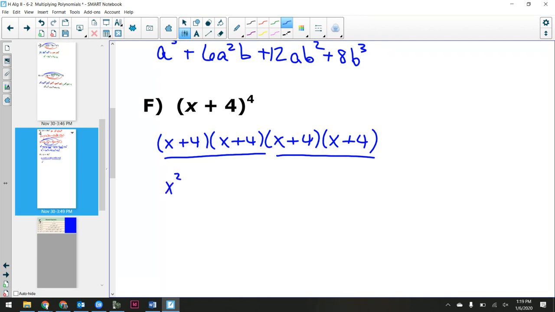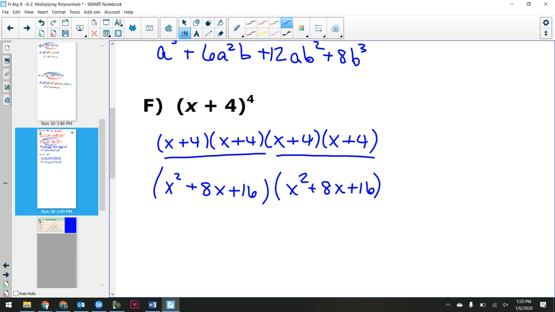The first is x squared. The outer and the inner are both 4x to combine to make an 8x. My last, 4 times 4, is 16. So that is really the same as this, right? And now this becomes exactly like problem D. We all see that?